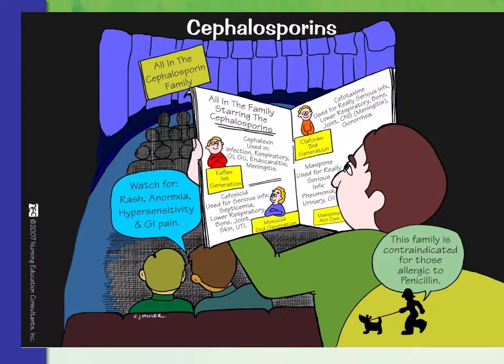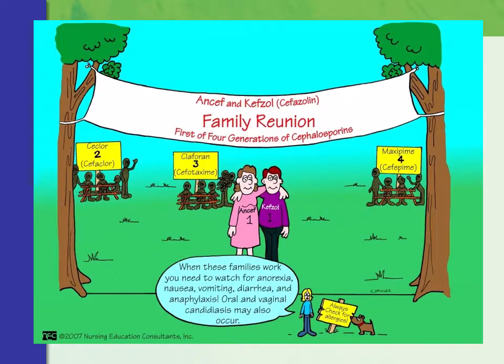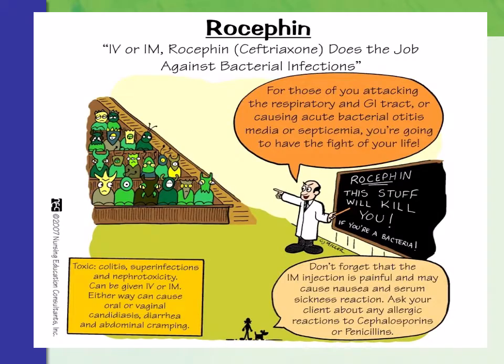It shows you here the different families of cephalosporins, and the family reunion, watching out for diarrhea, which is a side effect, and secondary infections. Rocephin, like you said, is one of the medications that is in this particular family.